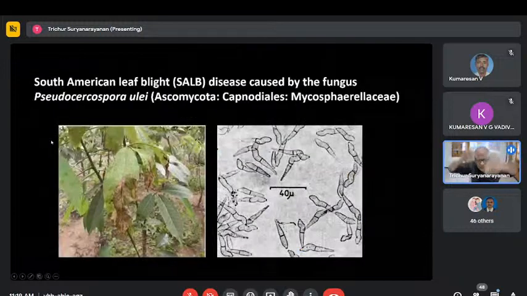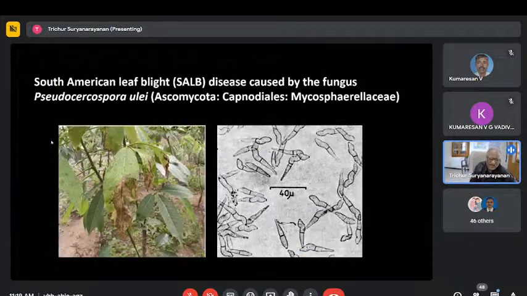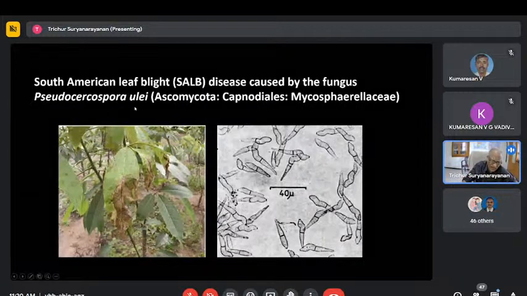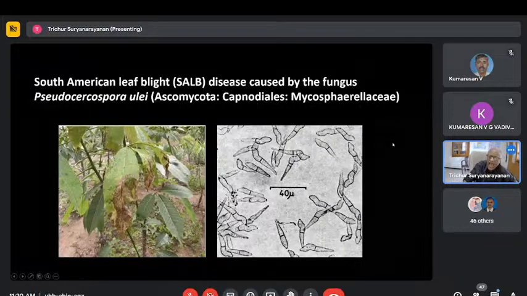Now, what is this pathogen? This pathogen is a fungus, and it causes a disease called South American leaf blight, or SALB. It is specific to the rubber tree, and the fungus is Pseudocercospora ulei, belonging to Mycosphaerellaceae.